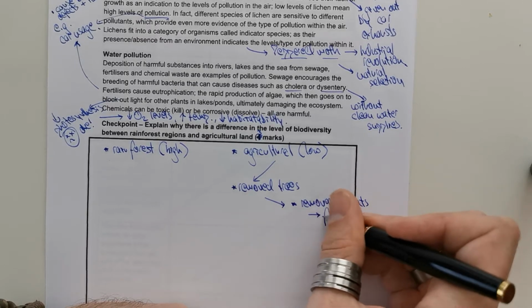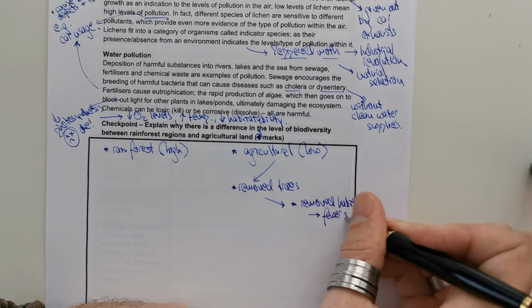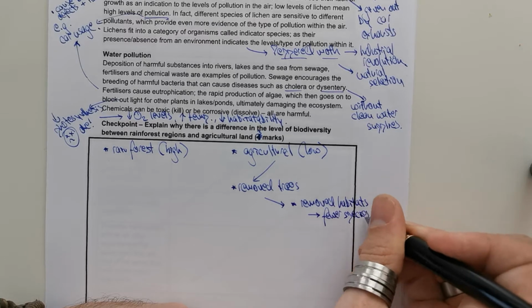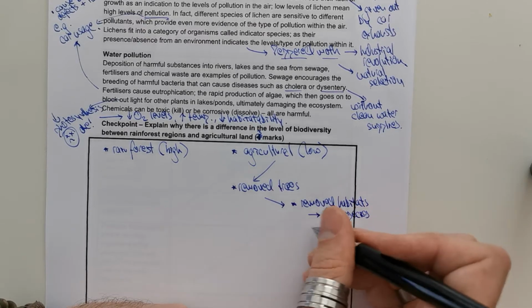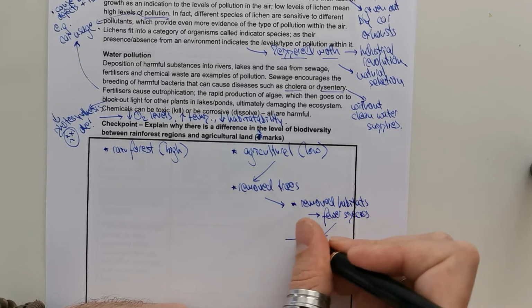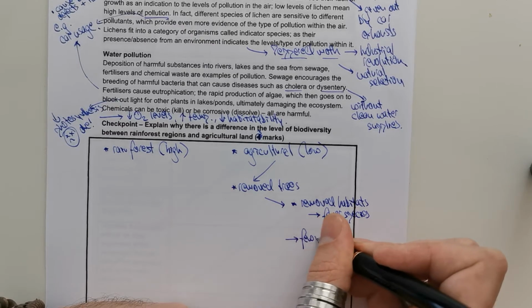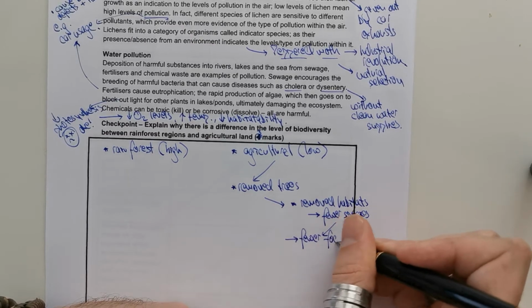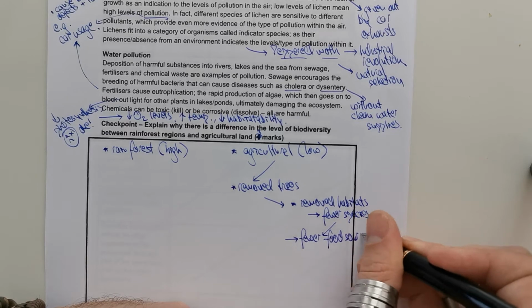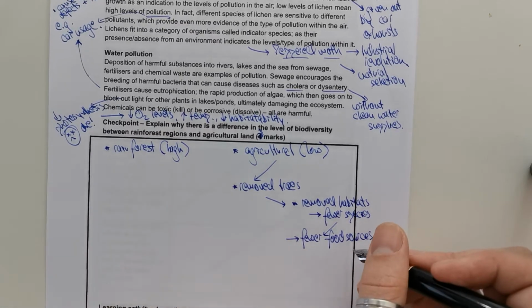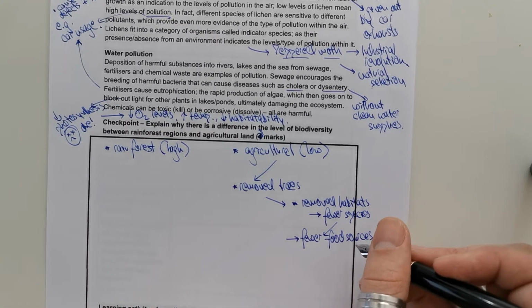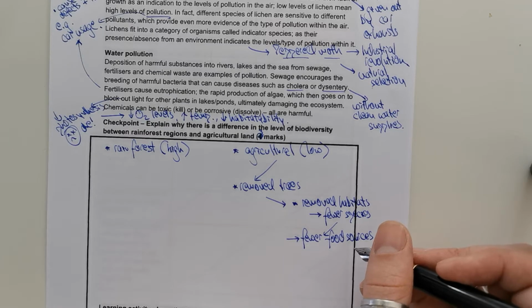So you might have fewer species. And as a result of that, you might also have fewer food sources for other species, because there are fewer other species to be eaten. So that's going to decrease your biodiversity straight away.